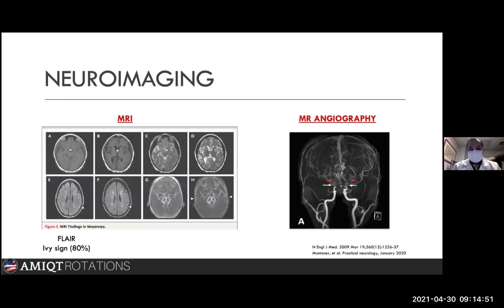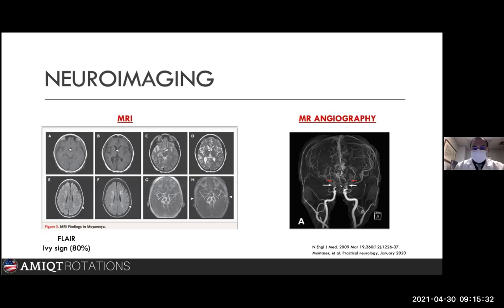As I was saying before, MRI is one of the initial imaging studies that we can do to identify this condition. Using this test, we can identify chronic ischemic changes or past hemorrhagic events. Also, there are some characteristic signs, such as the presence of flow void signals in the T1 or T2 sequences, which happen due to the presence of dilated collateral vessels.